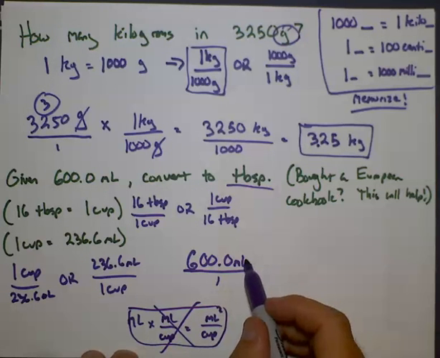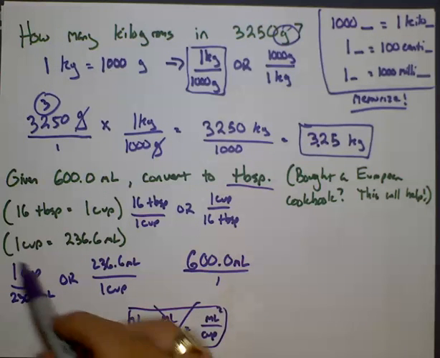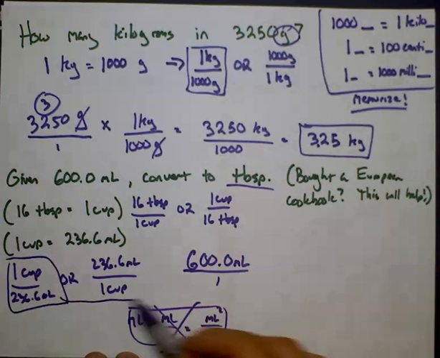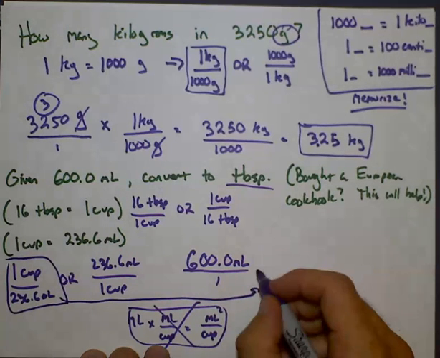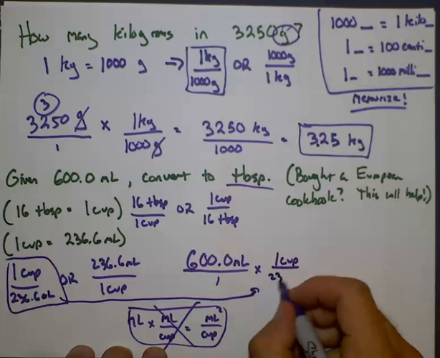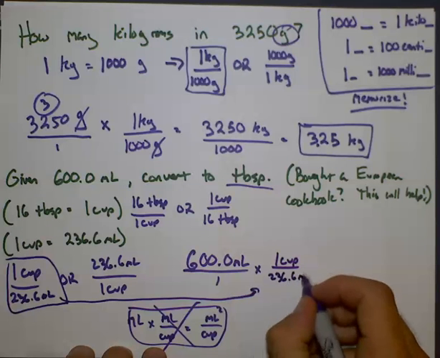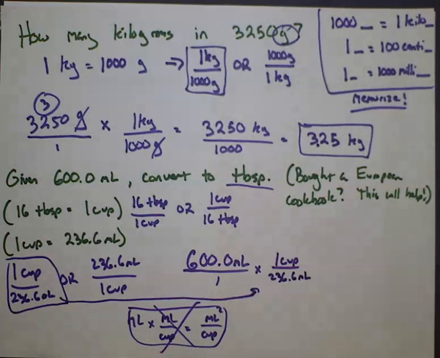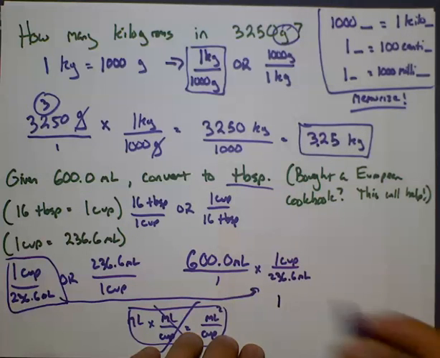It's on the top right now, so I'm going to choose the one that's on the bottom. And I'm just going to take this entire thing and bring it over here. 1 cup over 236.6 milliliters. Okay. Now keep in mind, if 1 cup equals 236.6 milliliters, those are equivalent, which means basically I'm multiplying by 1.